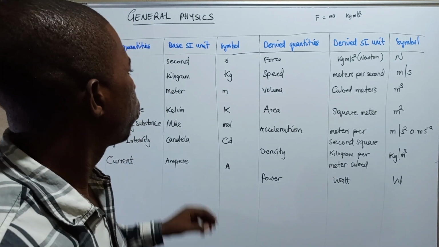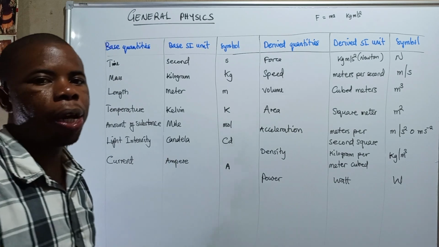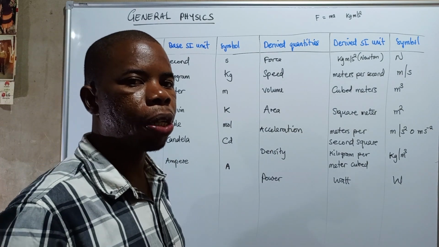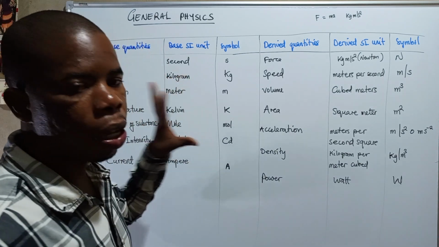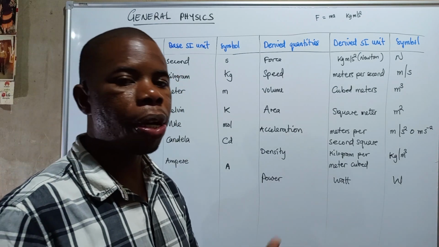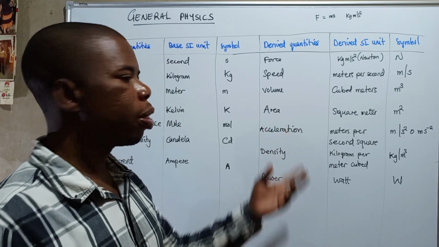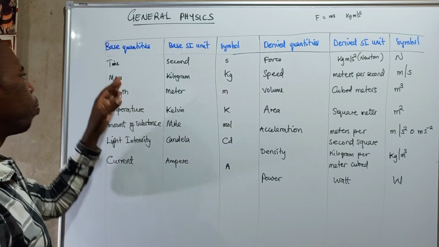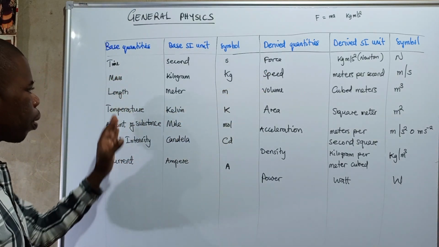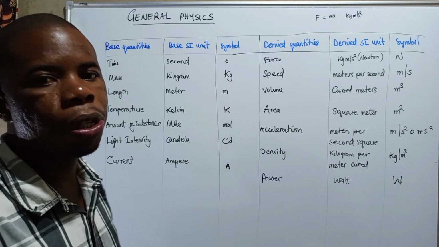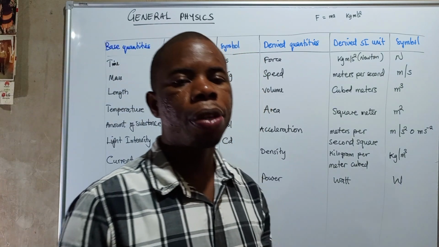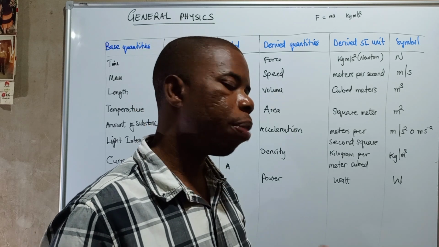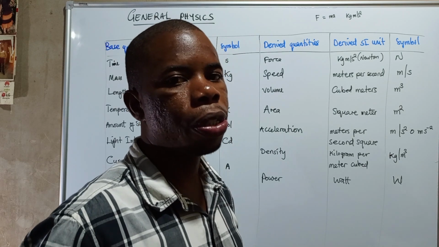This table must be in your mind, because questions come in an exam asking what is the SI unit for acceleration, power, speed, mass, light intensity, current, or temperature, and without understanding this table you won't be able to answer such questions.